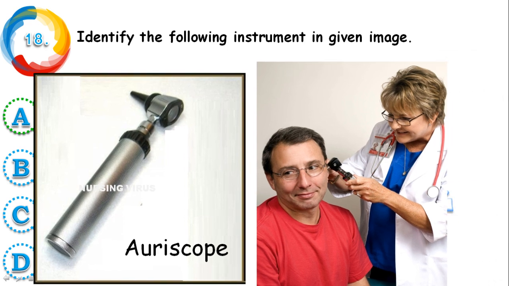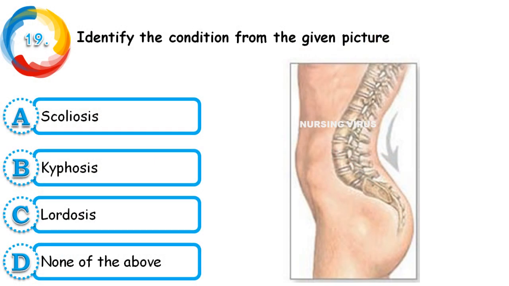An otoscope gives a view of the ear canal and the tympanic membrane, or the eardrum. In the second image you can see how the clinician looks into the patient's ear.